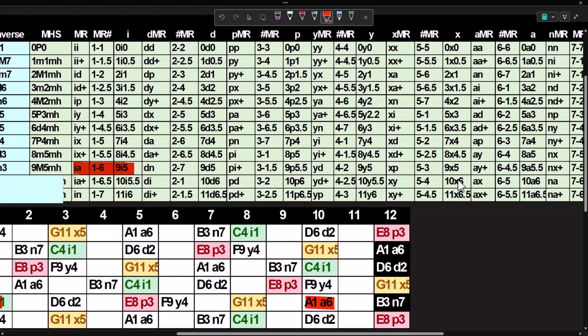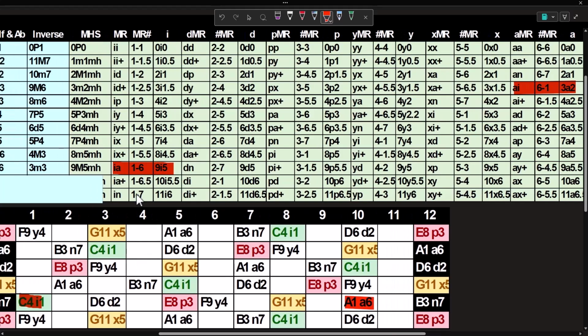It's going to be an AI modal range. Here it is. And so an AI modal range is a 6-1 modal range, which would be a 3-note away from the Aeolian node and a 2nd modal half step, which would be the 3-note away minor third, right?